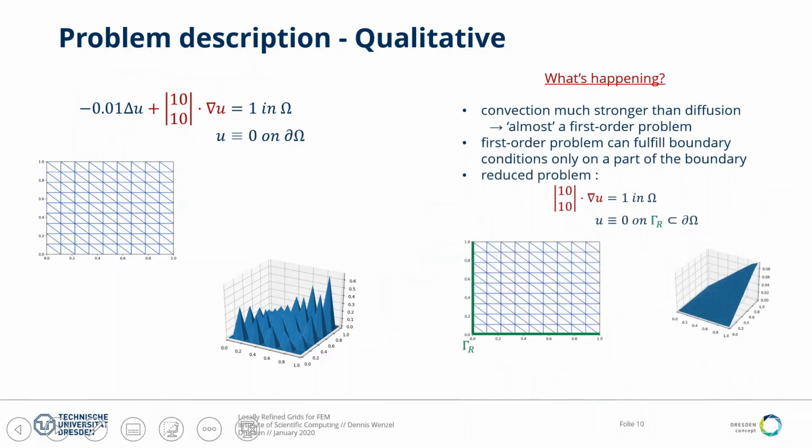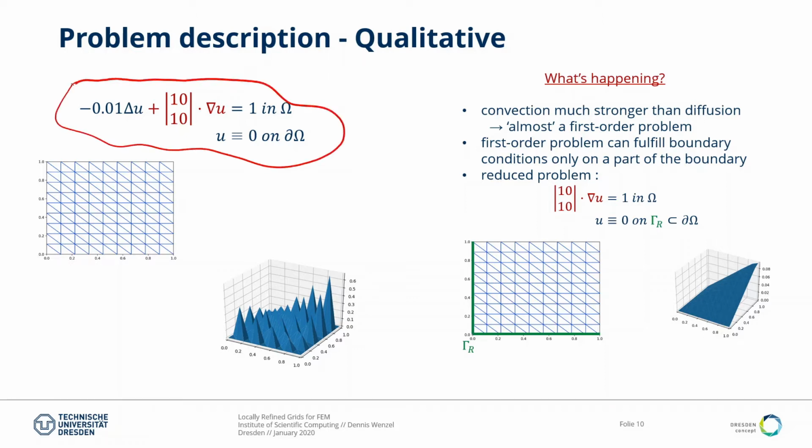And that leads you to the concept of the reduced problem. After saying, well, this is my almost first order problem here, I'm concentrating on the actual first order part of it. So to get my reduced problem, I'm removing my second order term. I'm only considering this first derivative here.